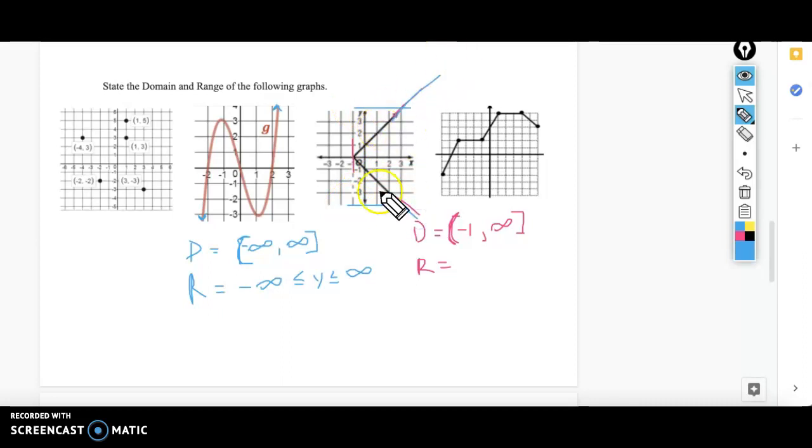So this is going to keep going up, this is going to keep going down, which means my range is going to look exactly like this one, or exactly like this one. So I can put my negative infinity, my inequality, and then all the way through positive infinity.